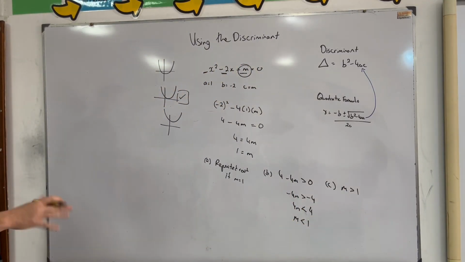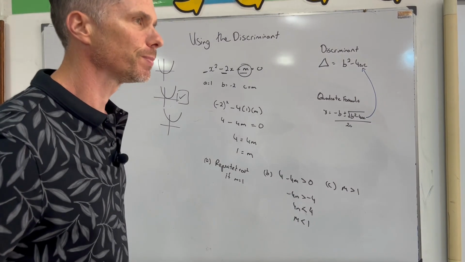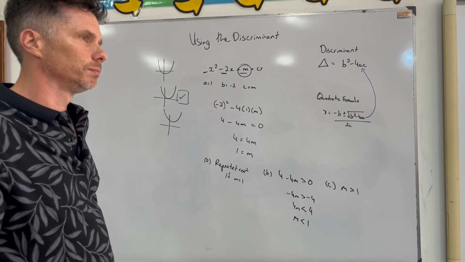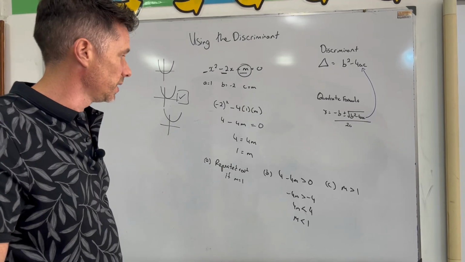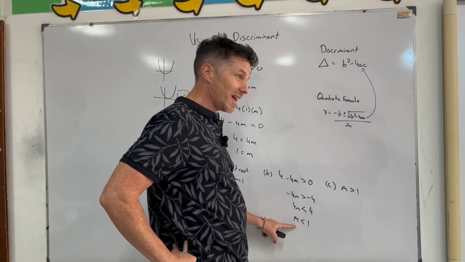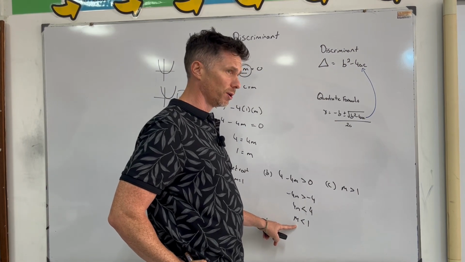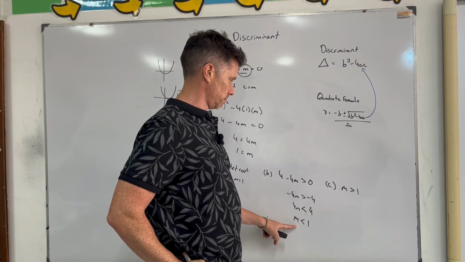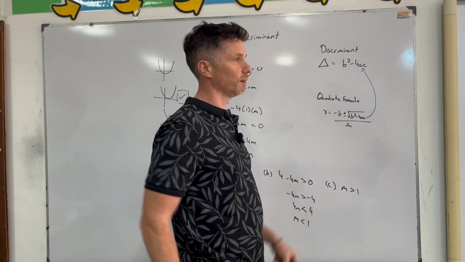The balance point is 1, and one way it'll be greater than and the other way less than. As long as the discriminant is greater than 0, it will always have 2 roots. It's a little counterintuitive: if m is a smaller number, it'll have 2 real roots, and if m is greater than 1, sorry, not 0, it'll have no real roots.